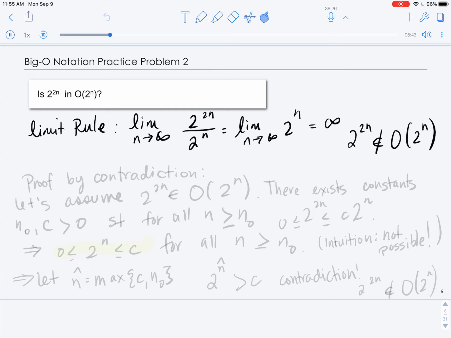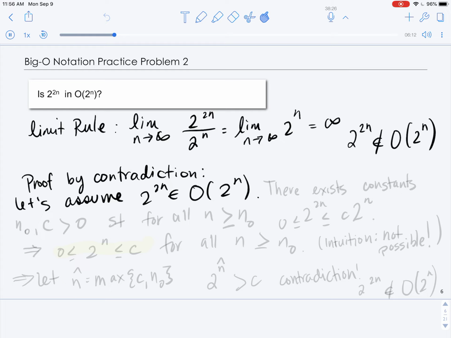Another way we can do this is by using the formal definition and essentially a proof by contradiction. We'll come back to proof by contradiction, but I'll do this example now. Let's assume that 2 to the 2n is in big O of 2 to the n.